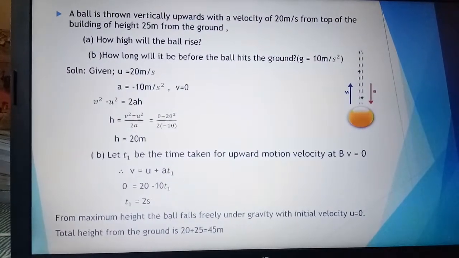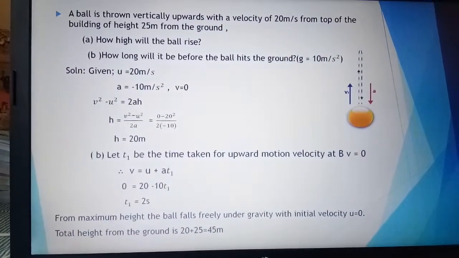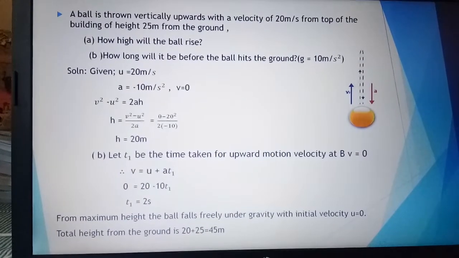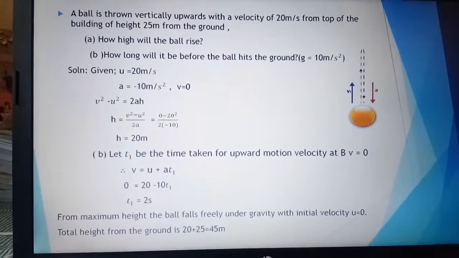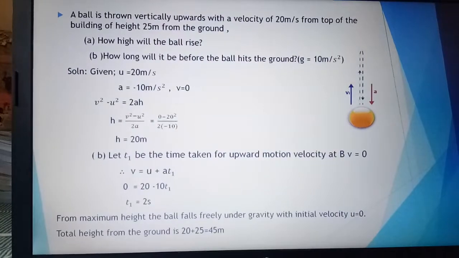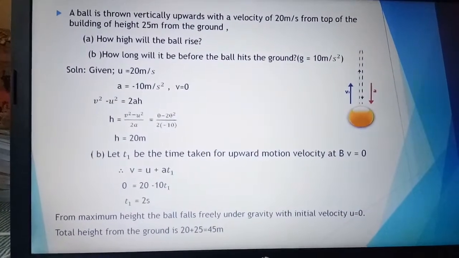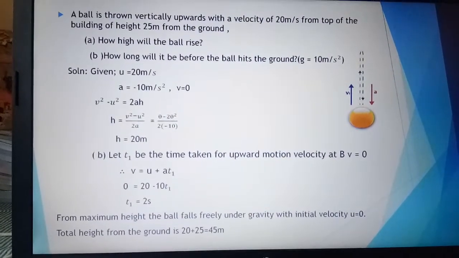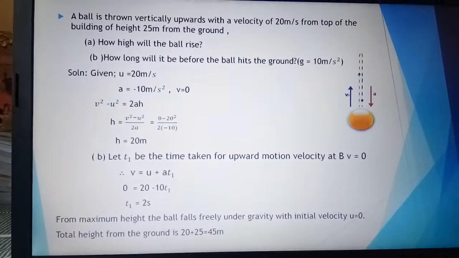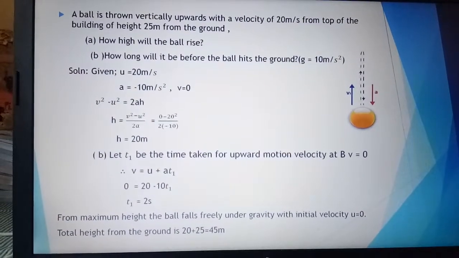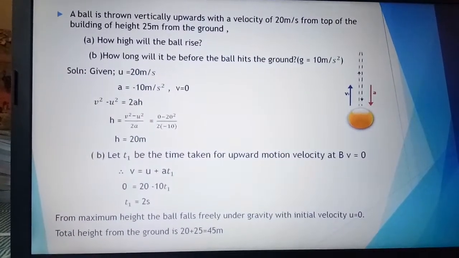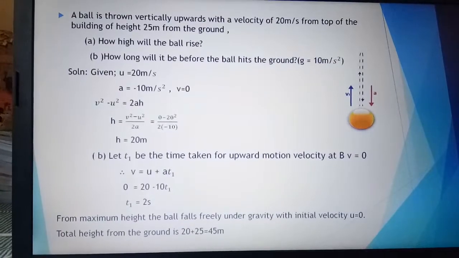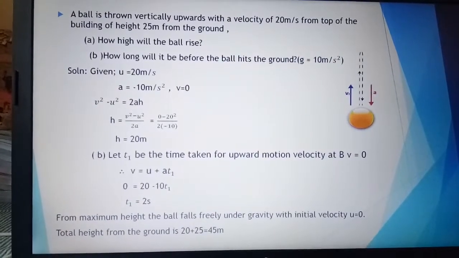When it reaches the maximum height, the final velocity becomes 0. Again using the third equation of motion, v square minus u square is equal to 2as.